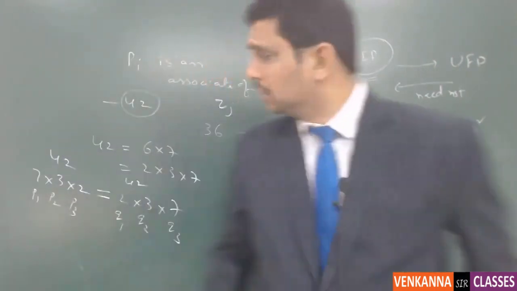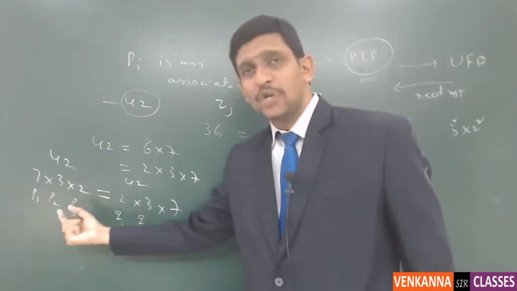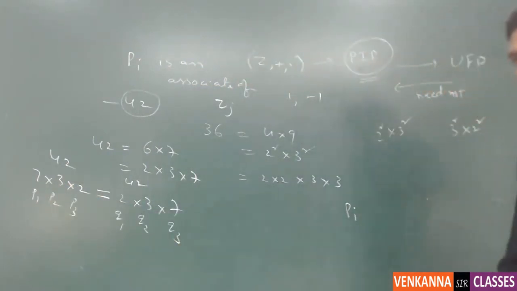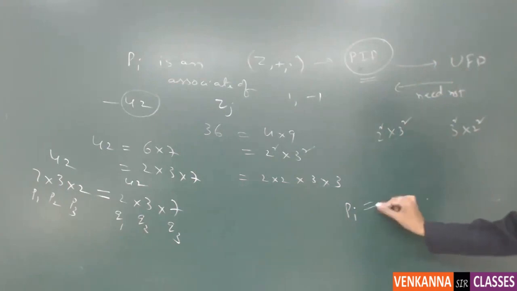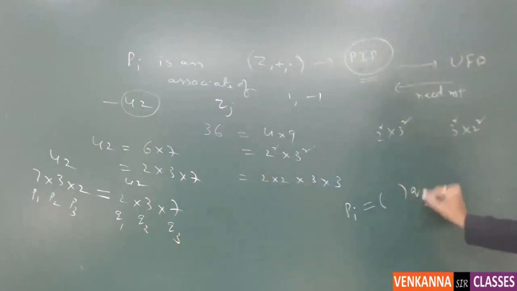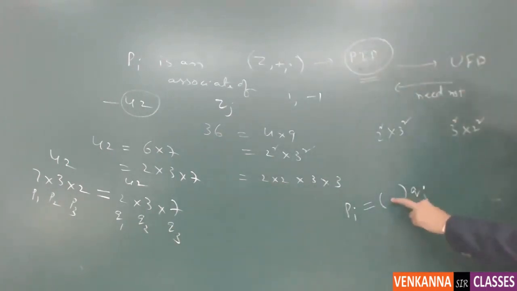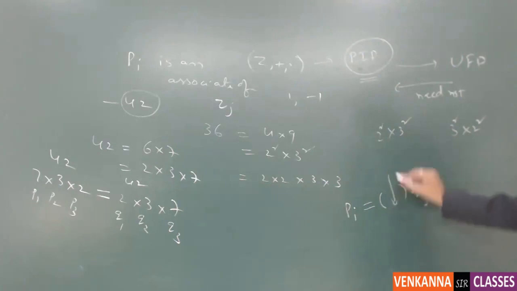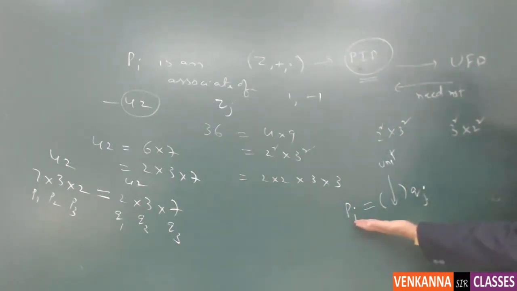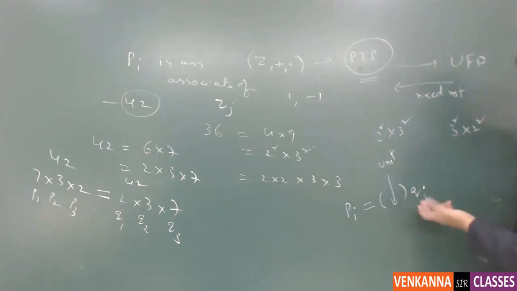What does it mean? If you take a value on the left side, this must be equal to some number times a value on the right side, and whatever this number is, it must be a unit. So what is meant by unit here? If Pi is a multiple of Qj, this multiple value is nothing but something having an inverse.